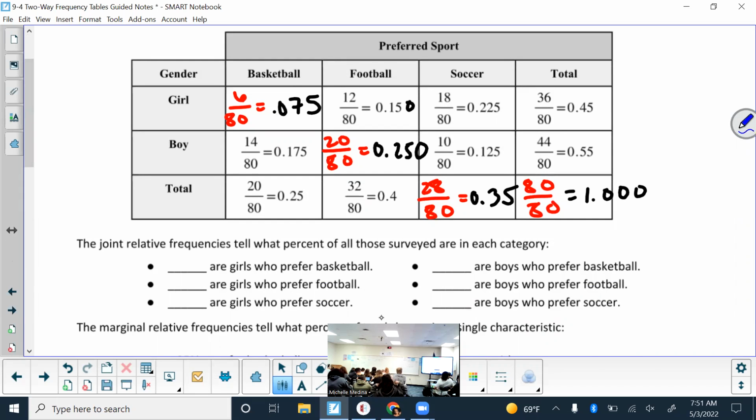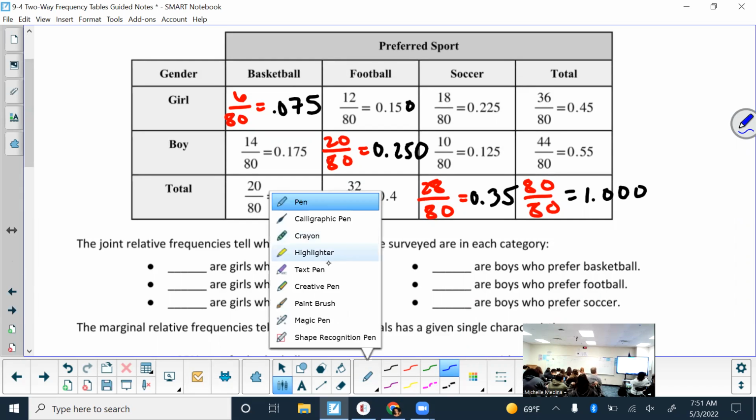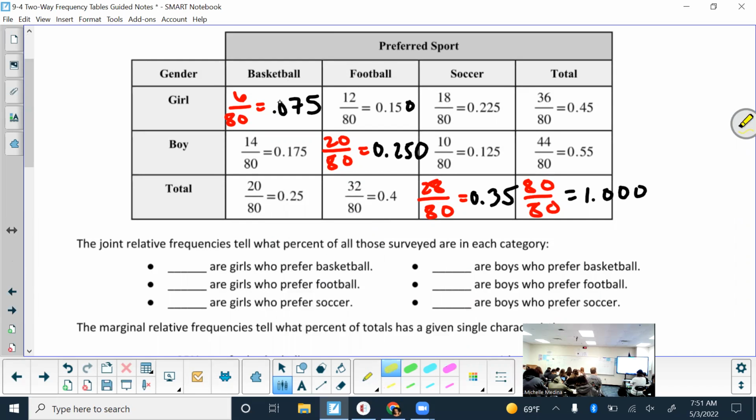So normally on our relative frequency tables, we don't put the fraction. We usually just put the decimal. So like these right here that I'm highlighting in yellow, these would be our joint relative frequency because they do 2 categories at once.